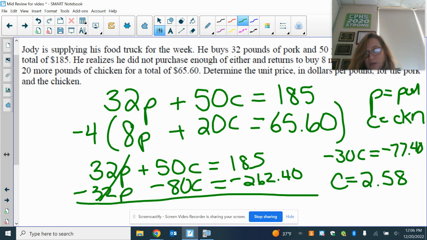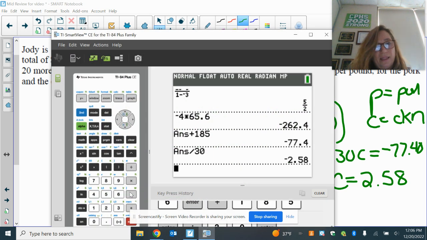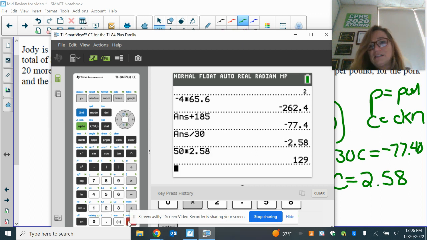So I have the equation 32p plus 50c equals 185. Okay, so if I take 50 times the 2.58, that's going to give me $129. And the total was 185.